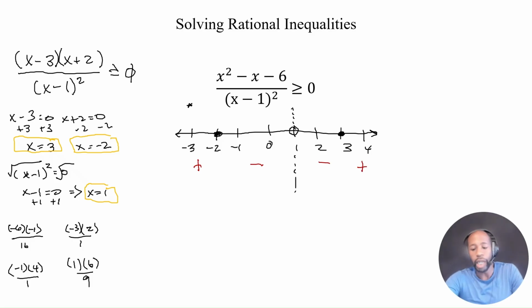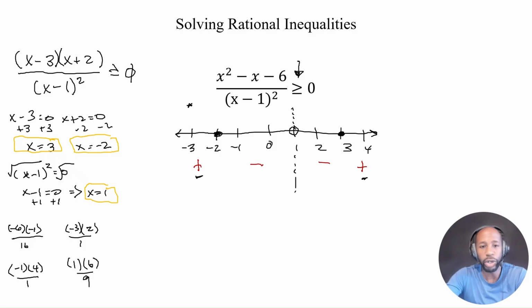Okay, so now let us write the answer to this. So first of all, before we do that, which regions represent areas where the solutions would make this inequality true? It has to be greater than or equal to 0. So that means, in other words, they have to be positive. So this region right here and this region right here.